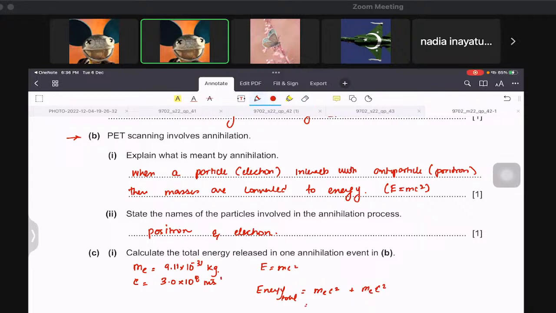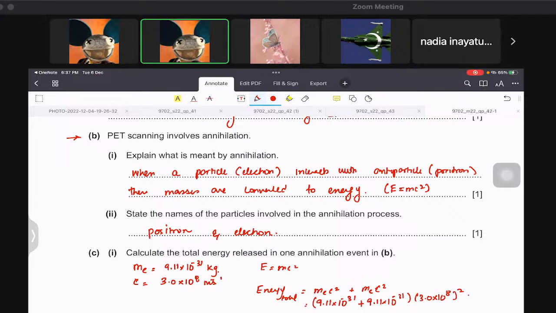So you're going to say 9.11 times 10 raised to power minus 31 plus 9.11 times 10 raised to minus 31. So that's the total mass multiplied by 3.0 times 10 raised to 8 whole square.